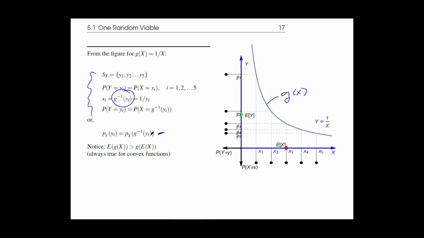But here we have the opposite sign: the lazy approach underestimates, because if you go up here and then to the left, the blue dot is below the green dot. And by the way, the E of g of x, the E of y, the green dot, is calculated using the regular formula for expected value, because we know the PMF of y is all these values.